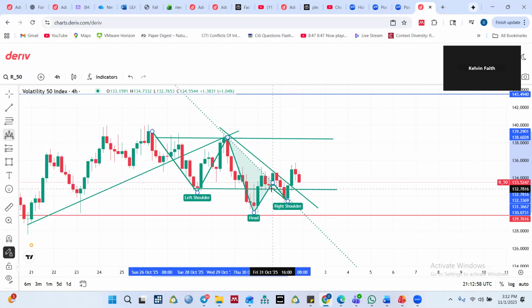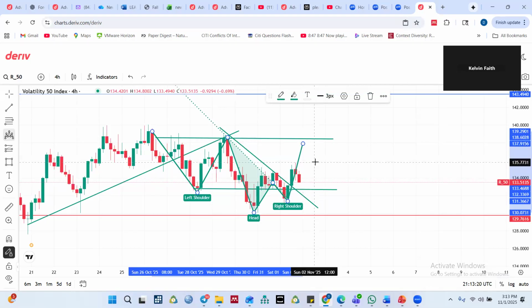Because this is the 4 hour, you might not see the first right shoulder well. Then it moves up to break the neckline again. So from here, we should expect a very big move, at least to the bearish right shoulder that brought the sell. We should expect a big move to this place.